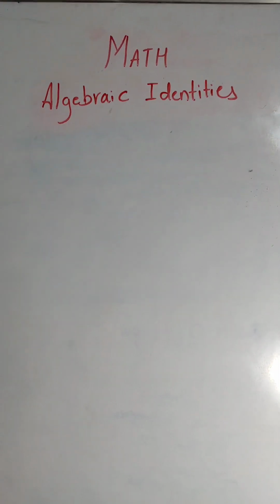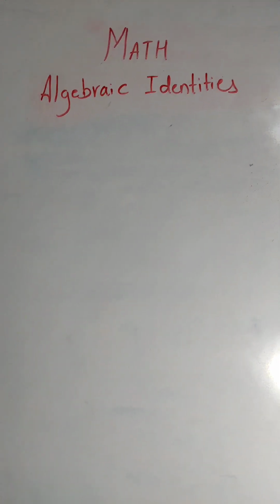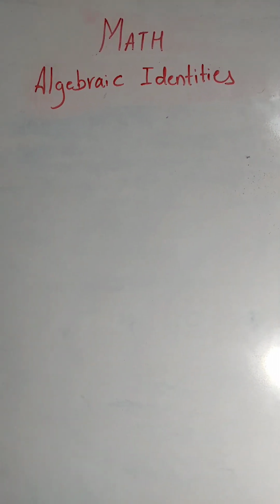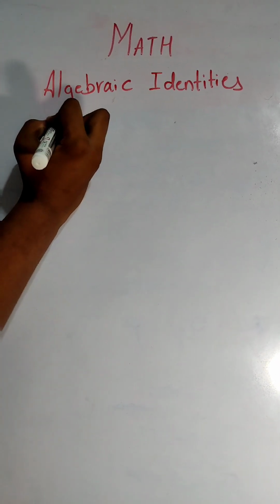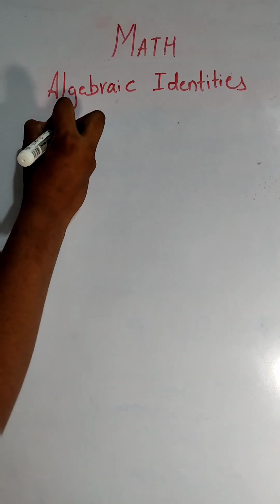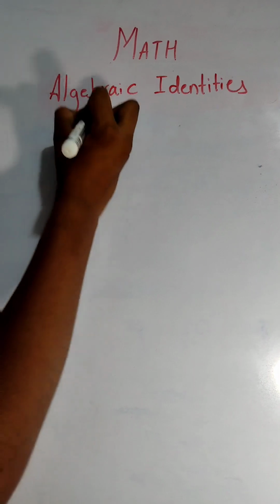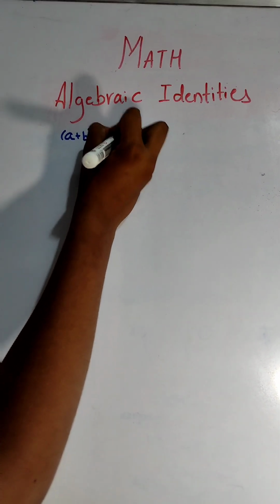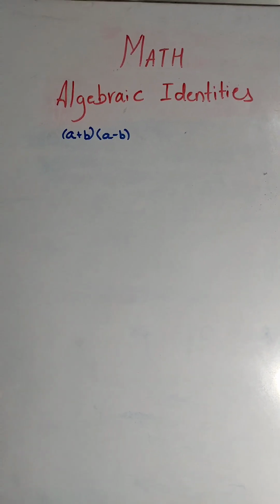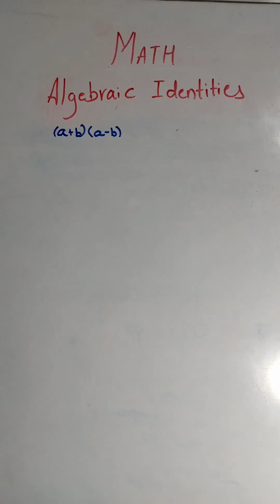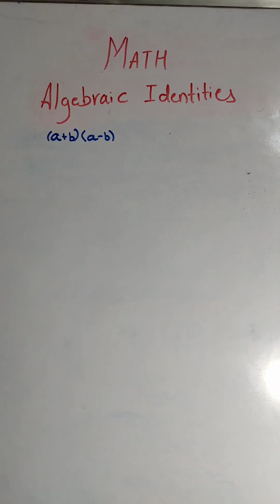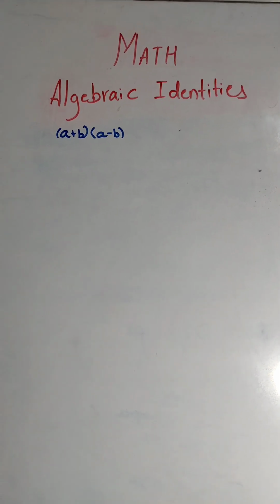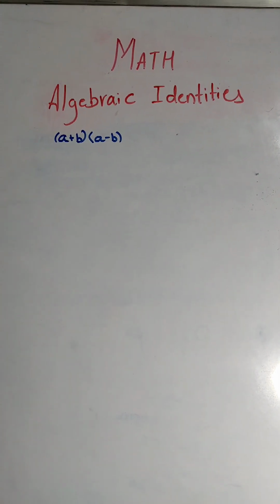Okay, so now let's do the third identity. The third identity is (a plus b) into (a minus b). All we are doing here is taking one term from the first identity and one more term from the second identity, putting them together and multiplying them.